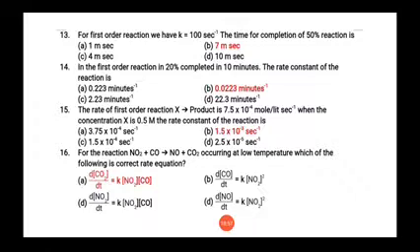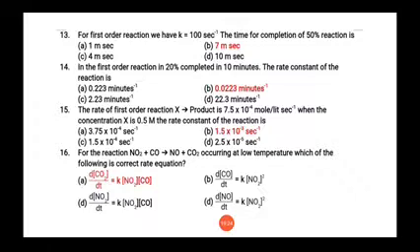Next and the last MCQ of this session, students, is for the reaction NO2 plus CO gives NO plus CO2 occurring at low temperature. Which of the following is the correct rate equation? So students, I have told you that whenever you are writing reactants, always put a negative sign, and whenever you are writing products, always put a positive sign.